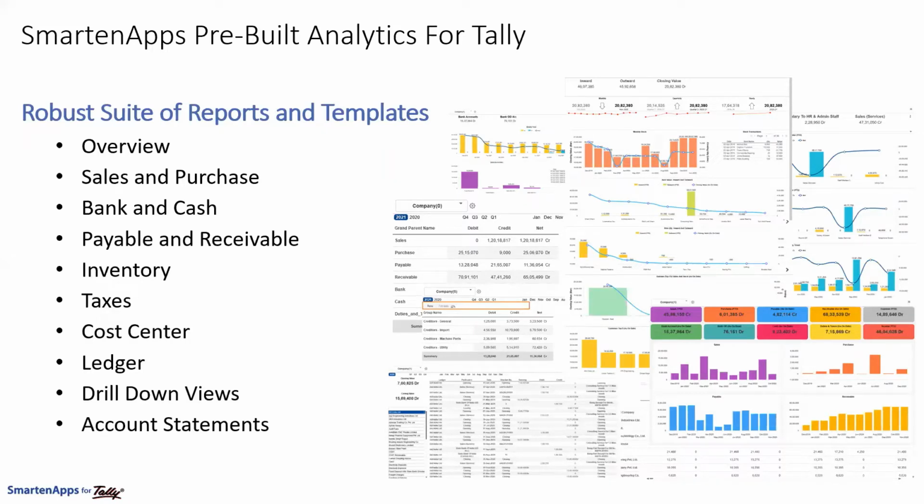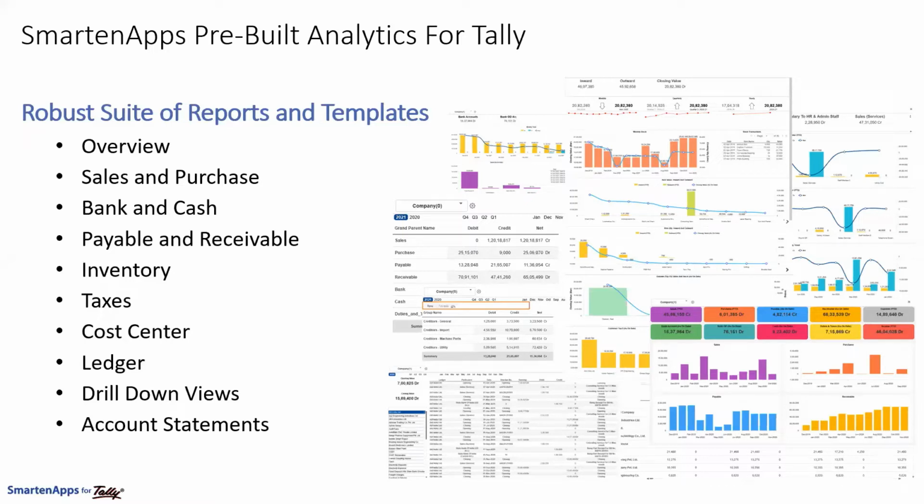We have provided a lot of drill-down views where you can start with, say, the total sale in this year, and then break it down by sales group and customers up to the voucher-level details, wherein you have access to account statements such as day book, trial balance, and balance sheet and P&L statements also.